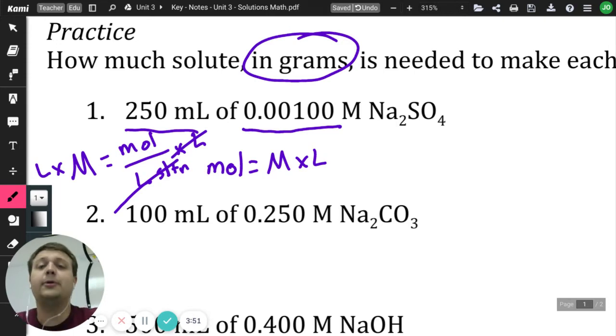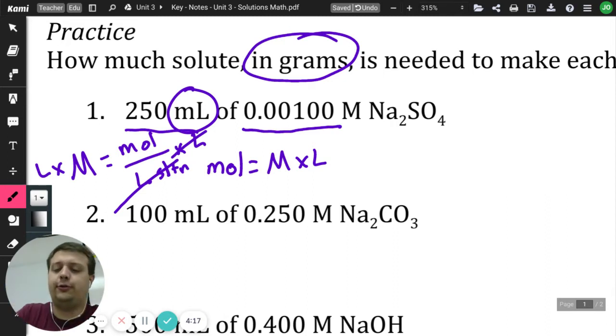Okay, so now we've manipulated our equation. So now let's go ahead and start to plug things in. Okay, now first off, we need to remember that molarity is moles of solute per liter of solution. That's milliliters. So before we can do anything else, we're going to have to actually convert that out of milliliters and into liters. So let's do that.